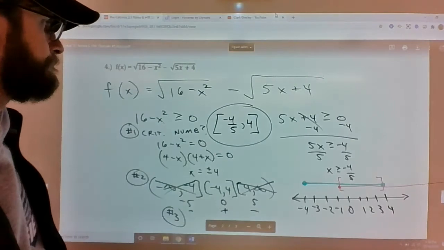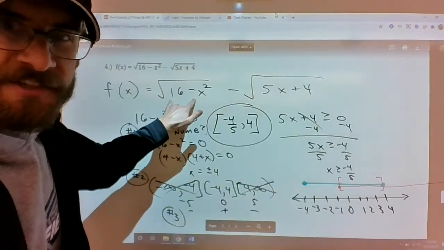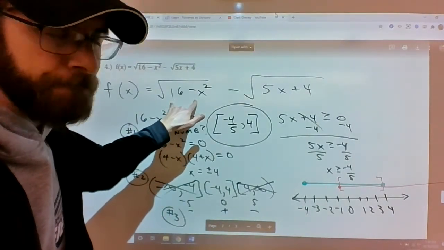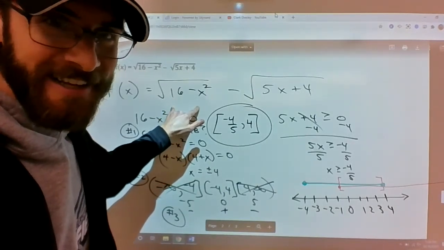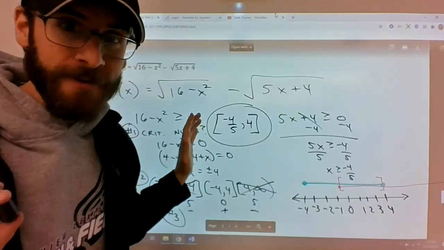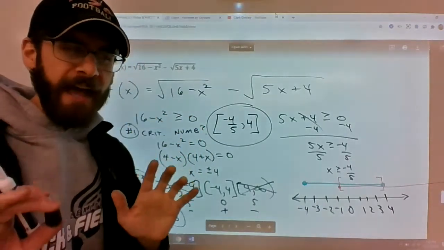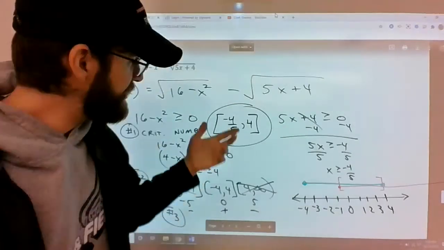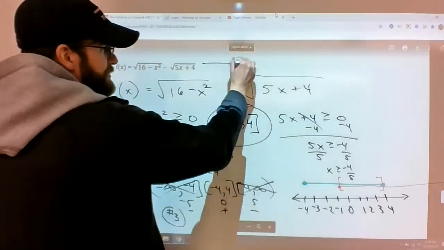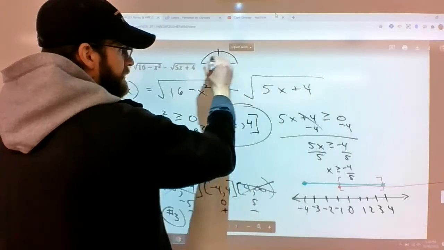By the way, did you guys remember that this is actually a very recognizable, it's almost like a celebrity equation. You can recognize it. That's a semicircle. So where do the x's for a semicircle live? Just in a very controlled place. This is a semicircle with radius 4.